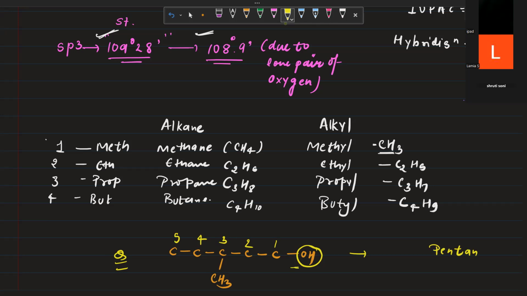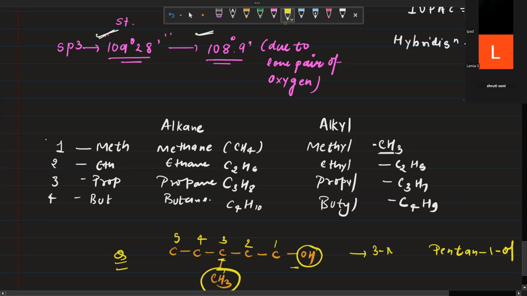At which carbon is the OH? At the first carbon. And there is CH3 at the third position. So how will I write? 3-methylpentan-1-ol. Do you understand? Yeah. That's why we are using alkyl group.